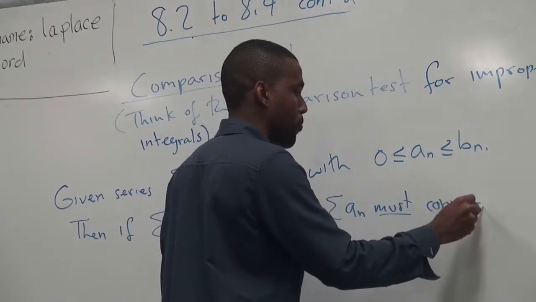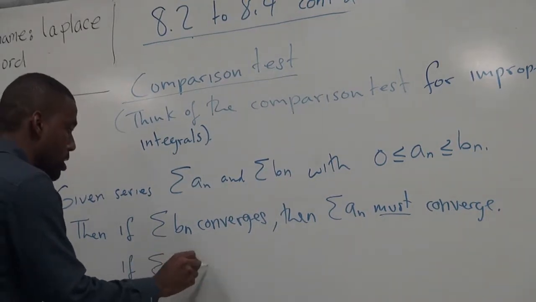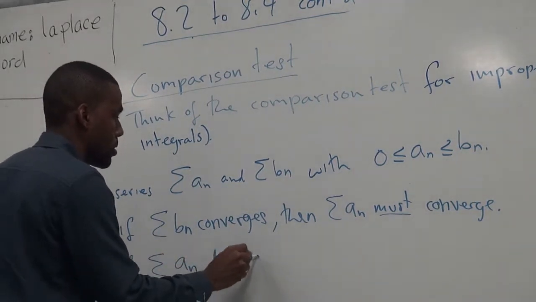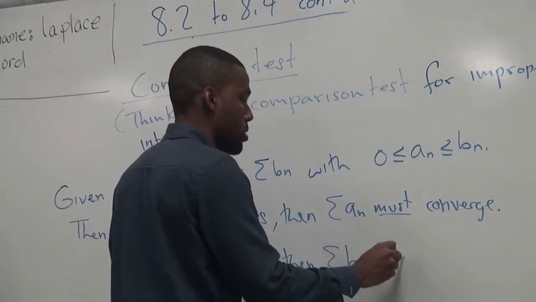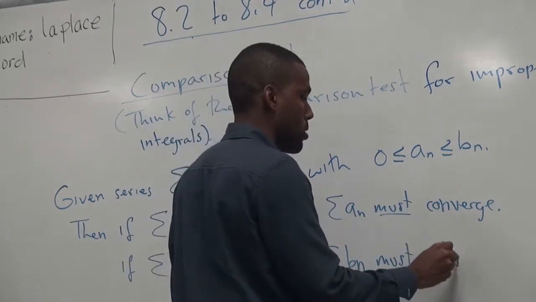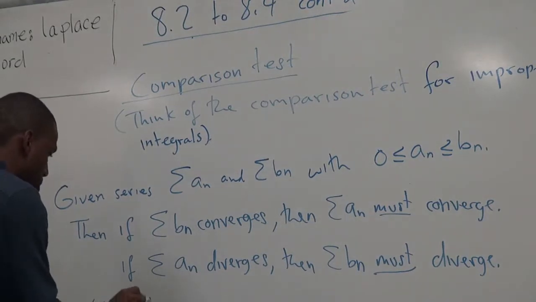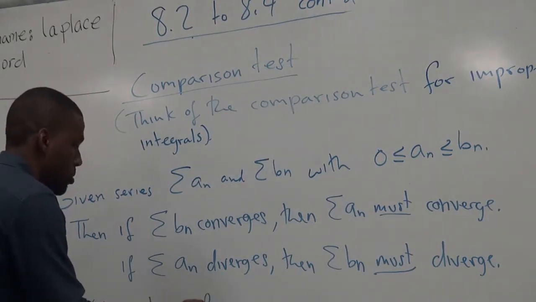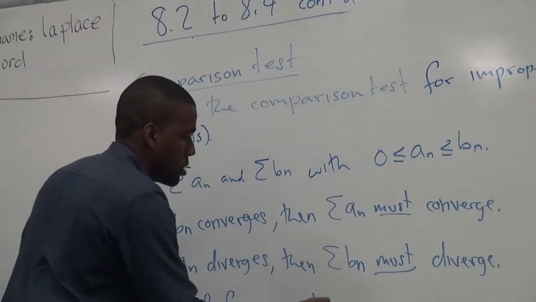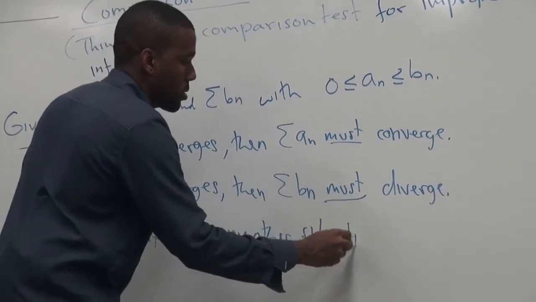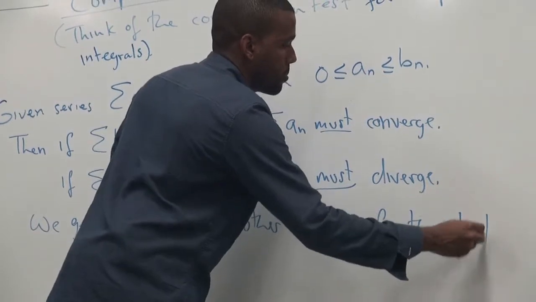It has no choice. And if the series of a_n diverges, then the series of b_n must diverge. Otherwise, we get no info from this test.